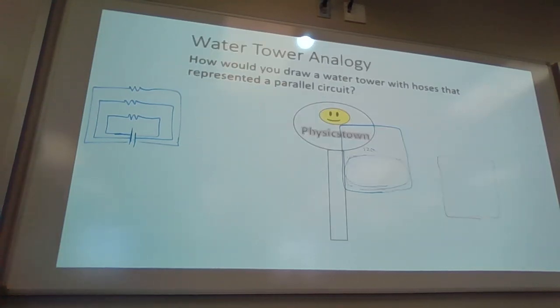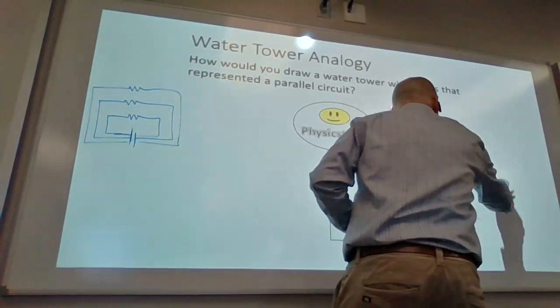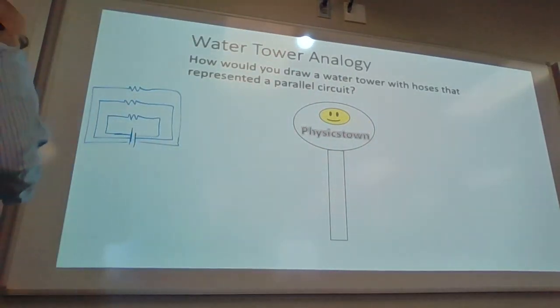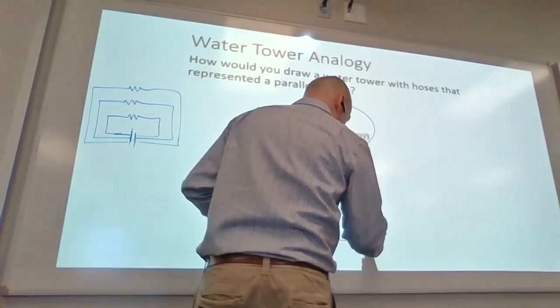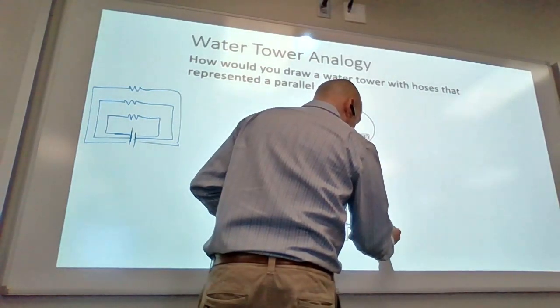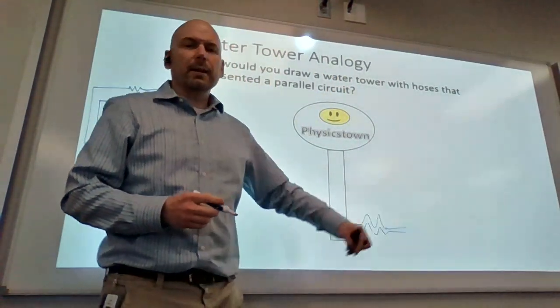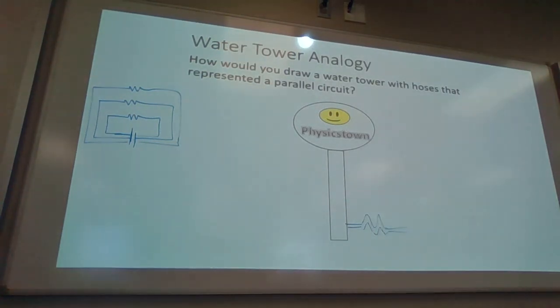So we talked about our water tower analogy. To add another resistor in series, I would just add another kink to the hose. How would I add another resistor in parallel with this water tower analogy?